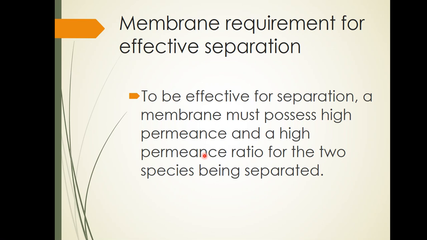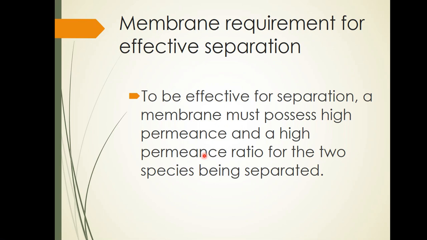A high permeance ratio ensures that you have a big amount of permeate that passes through and a little amount of retentate on the other side. With one value being large and the other value being small, the ratio of the two will then be high. If the permeance ratio of your specific membrane is small, then it would be difficult to separate your component from the mixture it is mixed with if we use membrane separation.